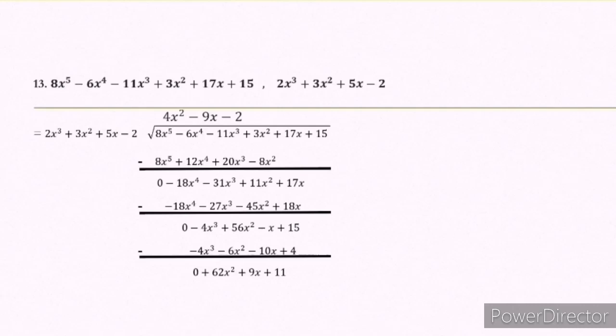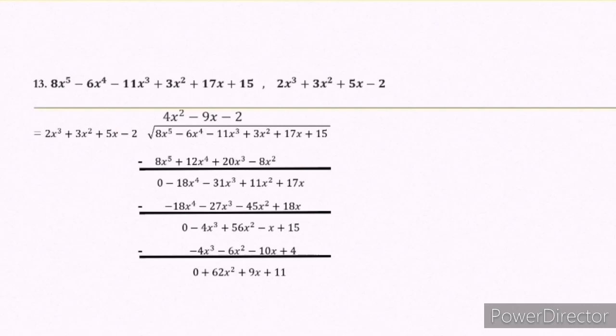Then negative 18x raised to 4 divided by 2x cubed is equal to negative 9x. Then negative 9x times 2x cubed is equal to negative 18x raised to 4.